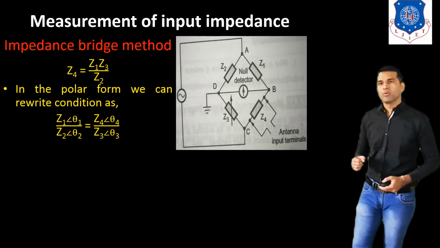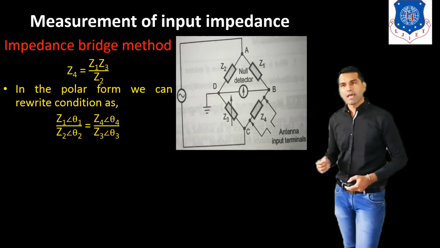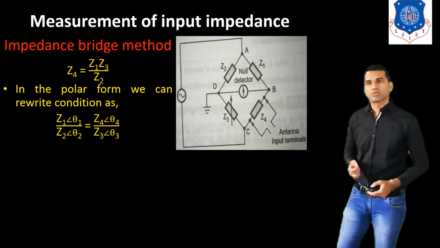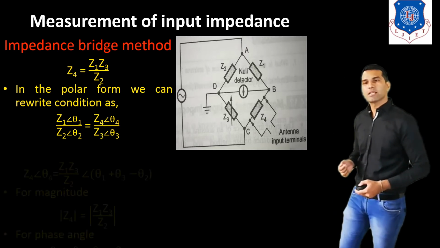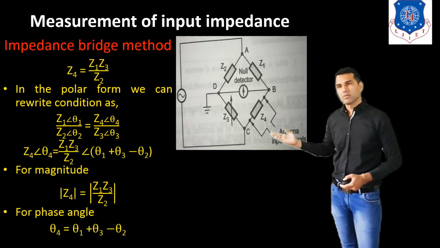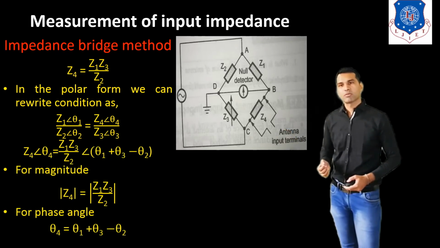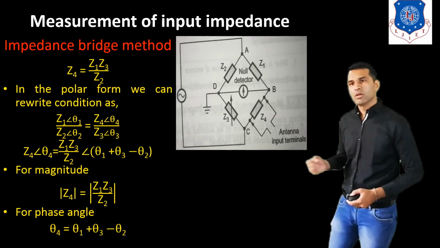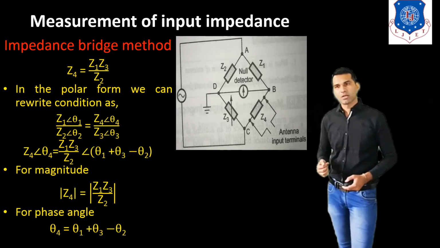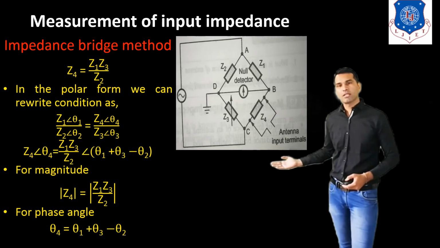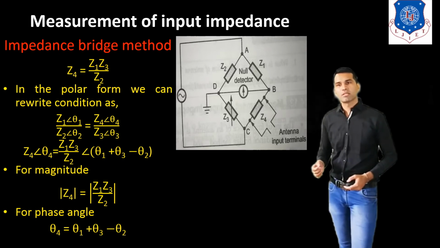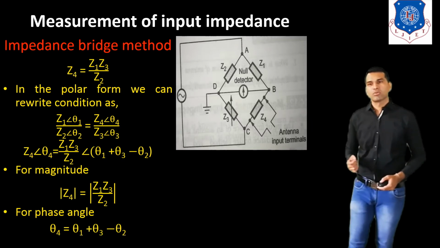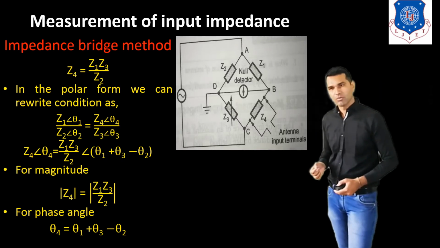In the polar form, we can rewrite the condition as Z1 angle theta 1 upon Z2 angle theta 2 is equal to Z4 angle theta 4 upon Z3 angle theta 3. So simply we can write this equation in polar form as Z4 angle theta 4 is equal to Z1 into Z3 upon Z2, angle theta 1 plus theta 3 minus theta 2. For magnitude we can write Z4 is equal to Z1 Z3 upon Z2, and for the phase we can write theta 4 is equal to theta 1 plus theta 3 minus theta 2.